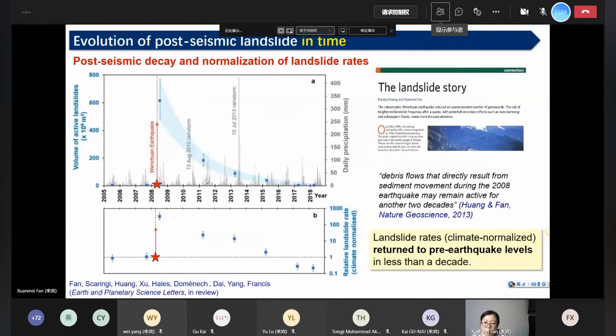If we plot this in this graph, you can see it even more clearly. After the earthquake, the landslide volume suddenly increased, and then with time it decreased, and so far it has already returned to the pre-earthquake level. Even considering the variation of rainfall, if we normalize with rainfall, you can still clearly see the decreasing trend.